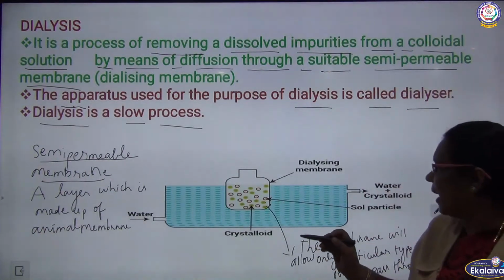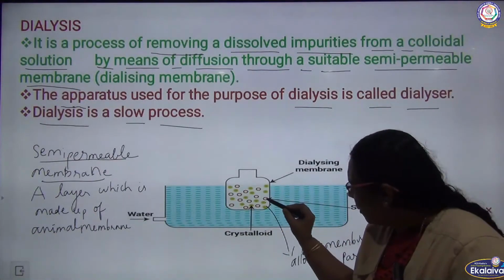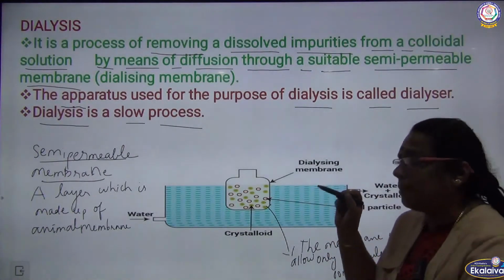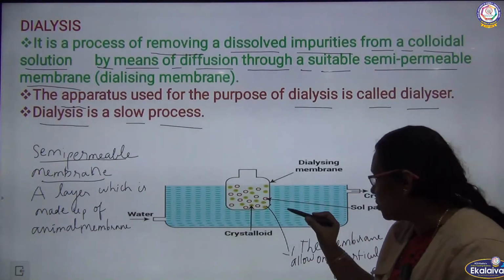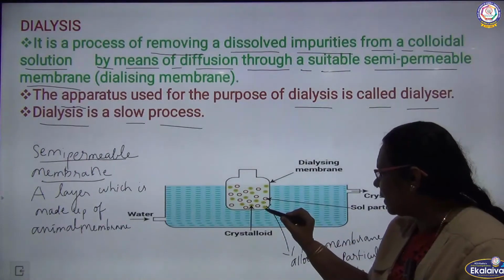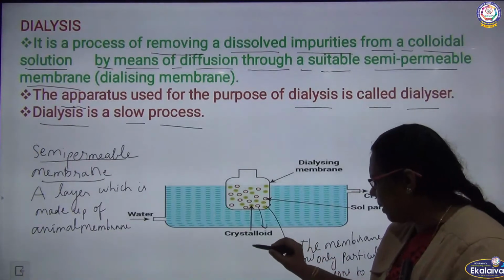So what is happening here? The soluble impurities present in the colloidal solution in the semi-permeable bag start to separate out. They come out, and these particles get dissolved in the dispersion medium.